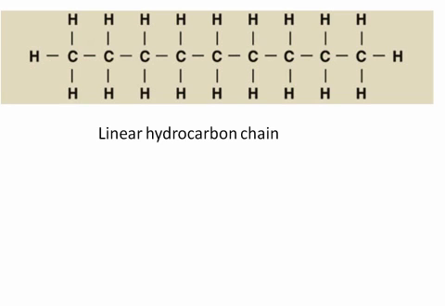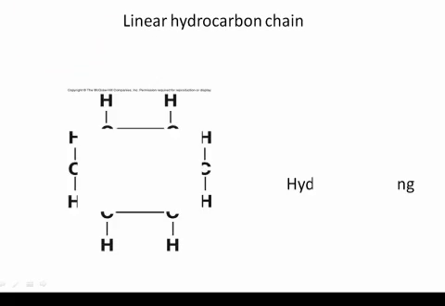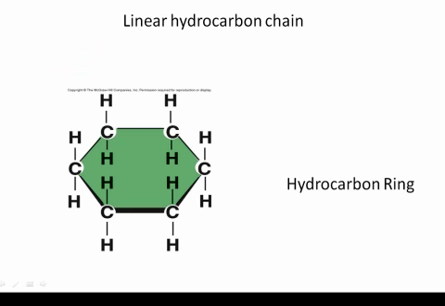Remember, the dashes represent single covalent bonds, or one pair of shared electrons. And so if we were to count each of those carbons, they do in fact have 4 single covalent bonds. Carbon can also form a ring structure. So in this diagram, we have a hydrocarbon ring. Again, contains carbon and hydrogen.